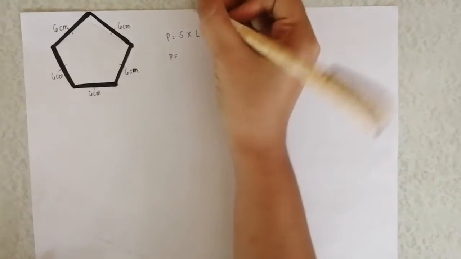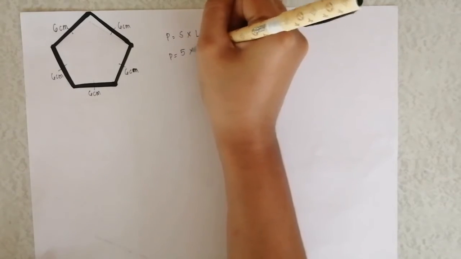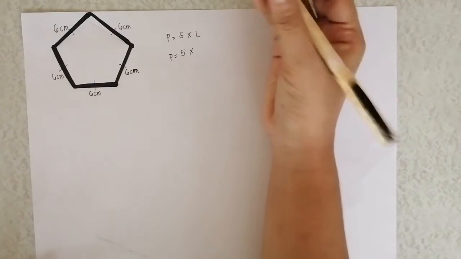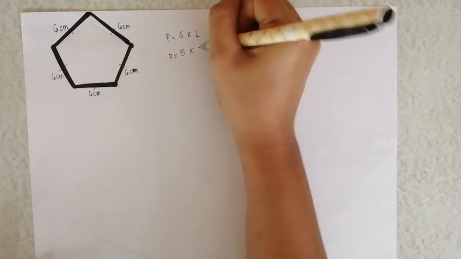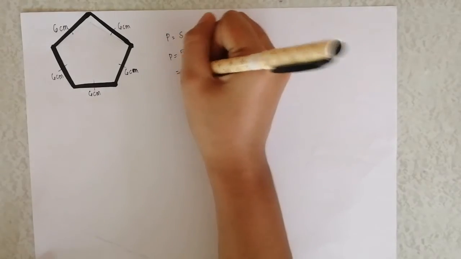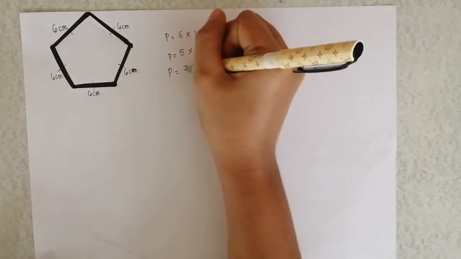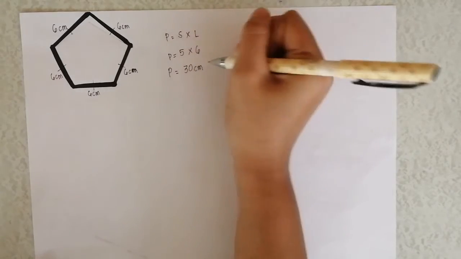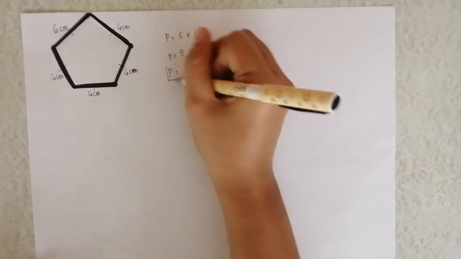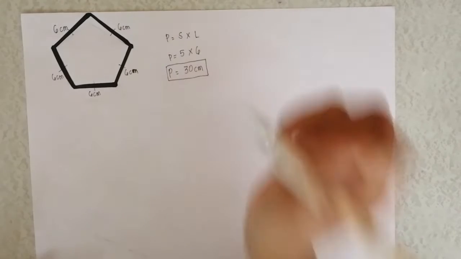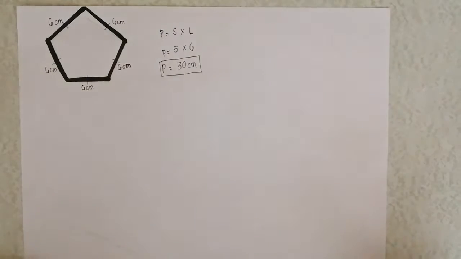So we have 5 sides times the length, which is 6 centimeter. So we'll now have our perimeter, which is 30 centimeter. So that's it, we already have the perimeter of the regular pentagon. Let's proceed to getting the area of it.